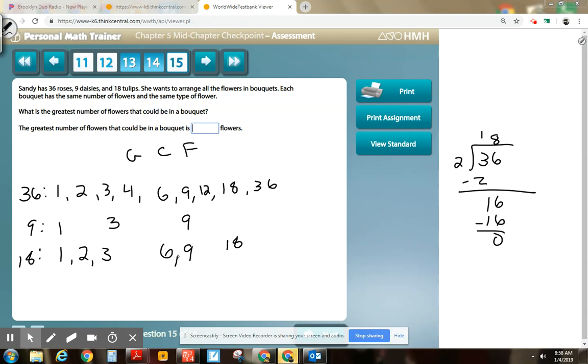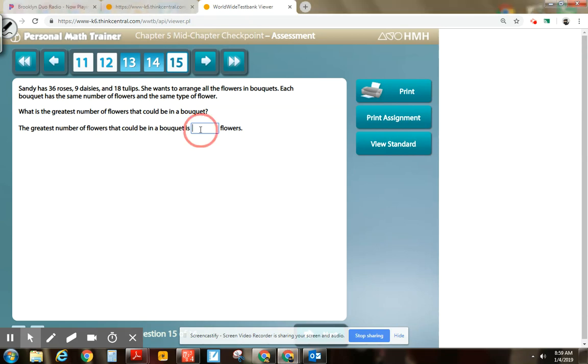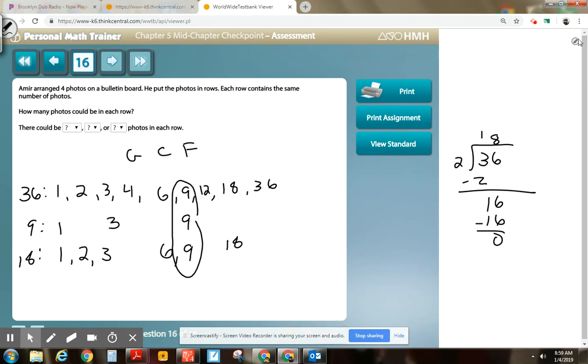And 4, no, 4 is not a factor of 18. So the greatest number of flowers that could be in the bouquet, the greatest common factor with all 3 flowers, the roses, the daisies, and the tulips, is 9. Is 9 flowers.